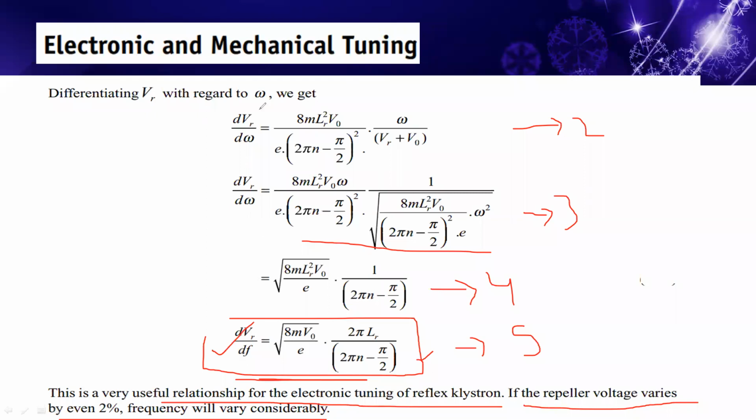So this is a very important relationship for electronic tuning operation.